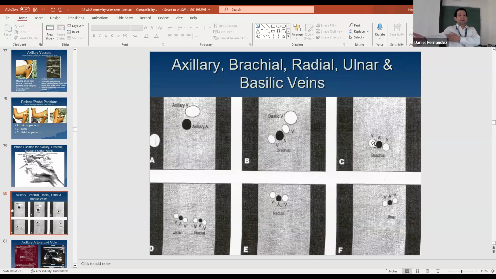As we move further down the arm, the superficial basilic vein starts to migrate slowly away from the brachials, and we see just the brachials again. Once we move down into the forearm, we have our paired radial and ulnar. As you move further down, they move away from each other and we can see them individually. Brachials are paired, one artery, two veins. Radial and ulnar are paired, one artery and two veins.